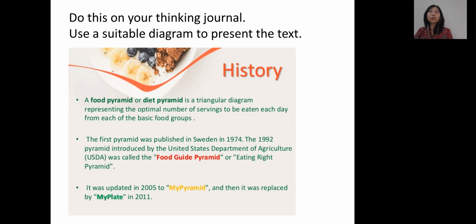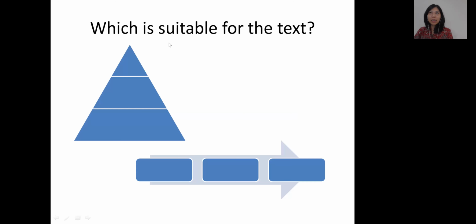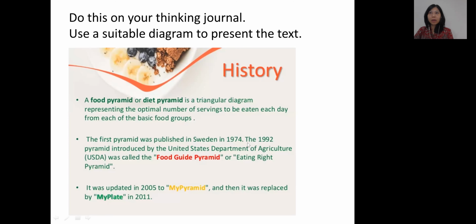Now, I will give you an option. I want you to practice your critical thinking, but I will give you an option first. Which one is suitable for the text? Is it the pyramid that will be suitable for the whole text or the linear flow diagram? Okay, look at the text again.